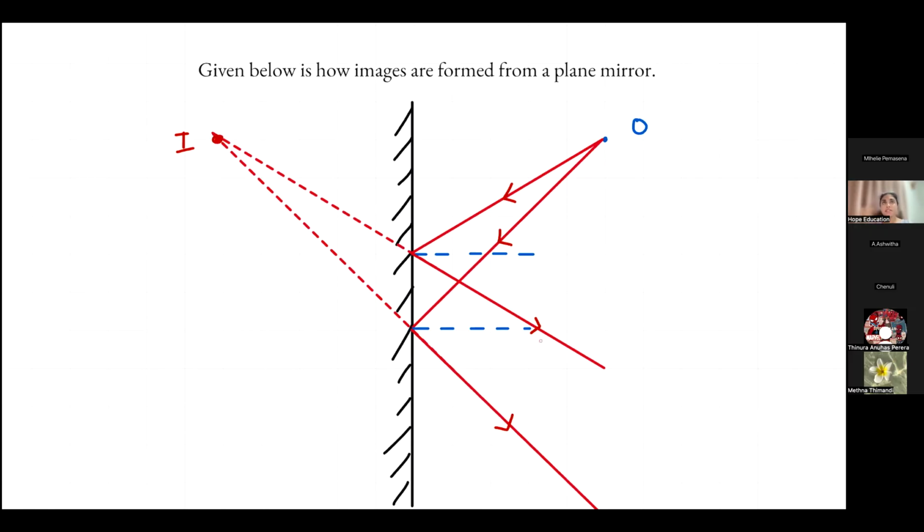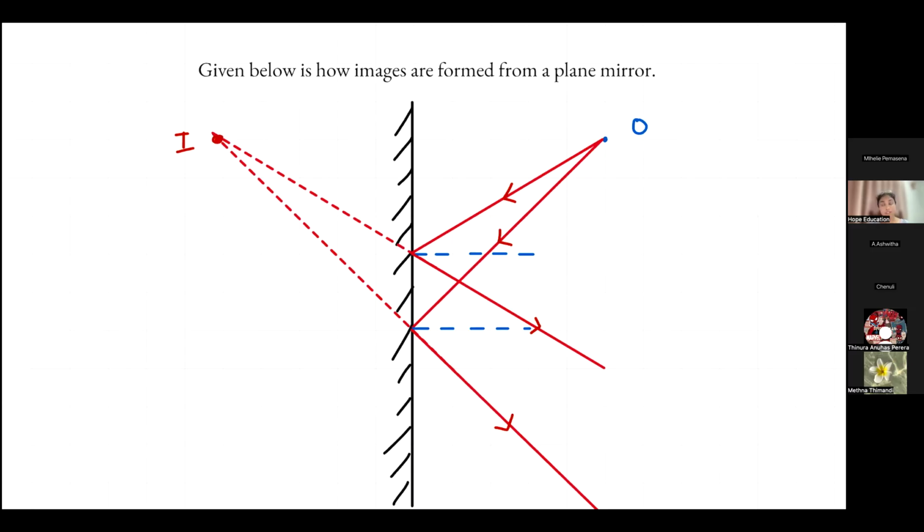Actually, when you're standing in front of a mirror, that means the image is formed behind the mirror. But behind the mirror is not a physical location. It is just hypothetical. Hypothetically, the image is behind the mirror. It's not a real place. Since it's not a real place, it is a virtual image.